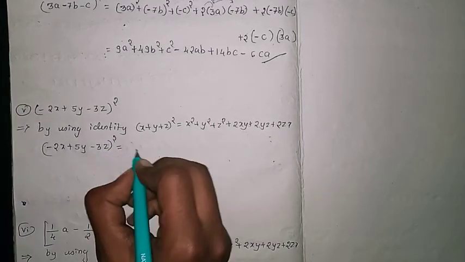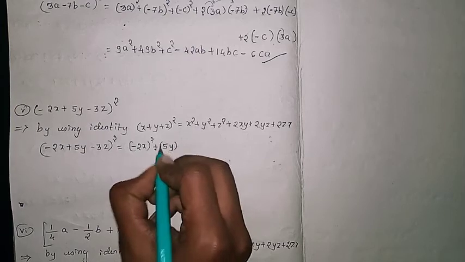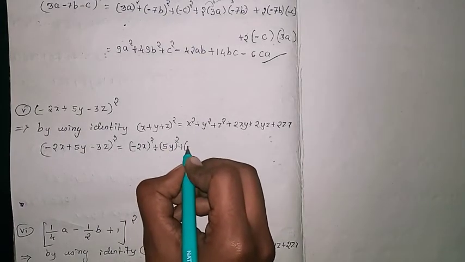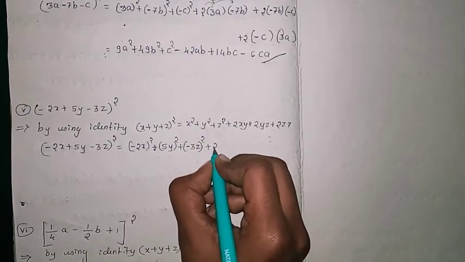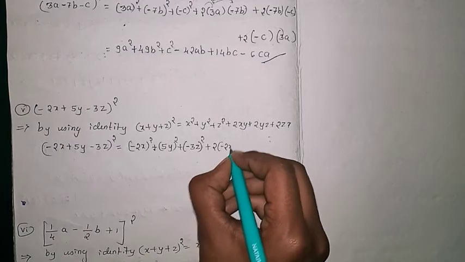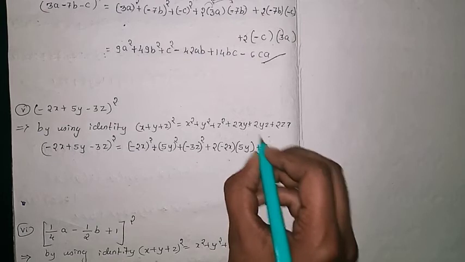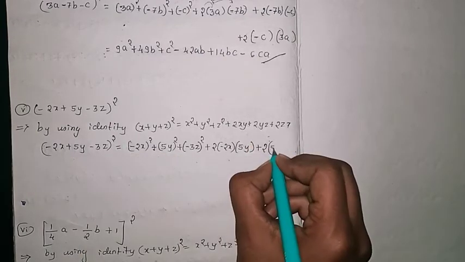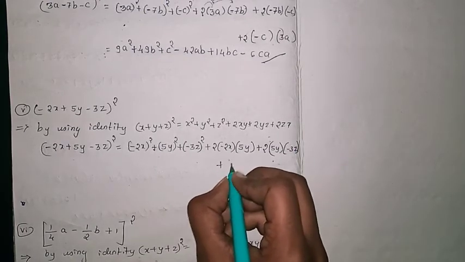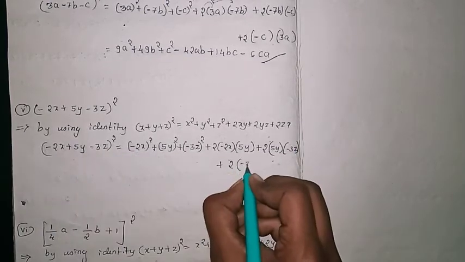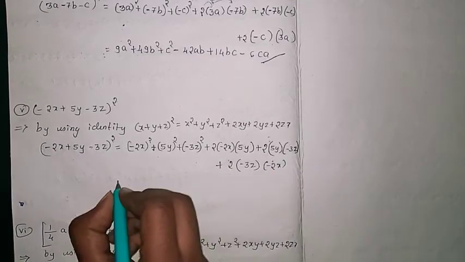By using the identity, first term square: (-2x) whole raised to square, second term square, third term square with the sign, plus 2 times first term, that is minus 2x, multiplied with second term 5y, plus 2 times second term 5y and third term minus 3z, and the last one, 2 times last term 3z and first term minus 2x. So now you have to expand.